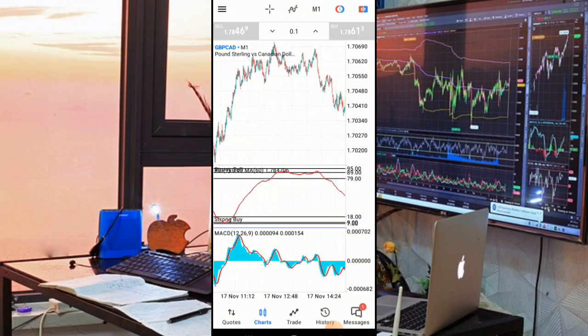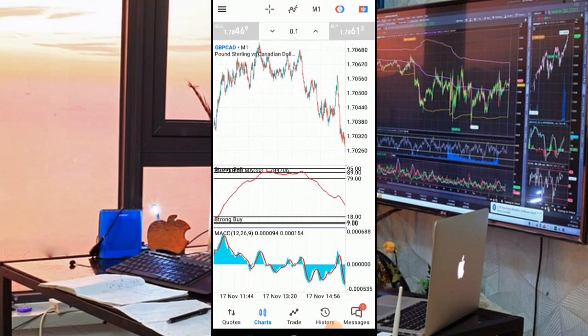I really don't want to complicate your life or to confuse you, so that's why I'm trying to make this as easy as I can. So once again, we wait for price to touch the 89 line level, and then we wait for price to close below the 79 line level, and then we come down.